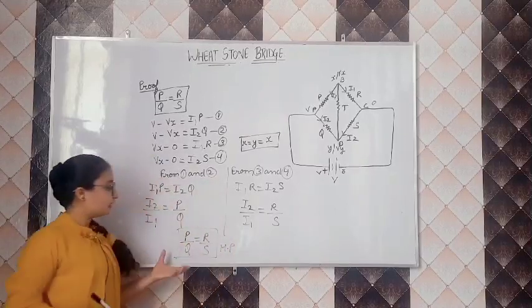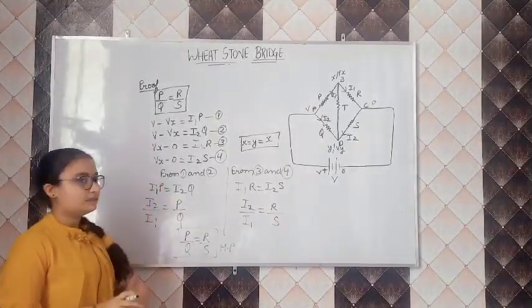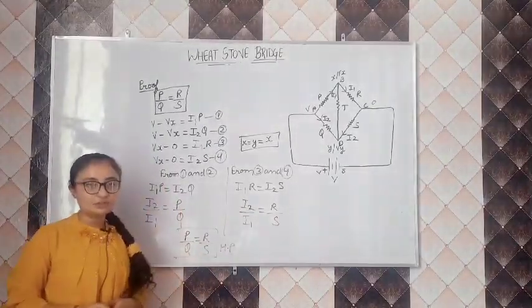We only had to prove that P upon Q is equal to R upon S, and we have proved it. So this is all about Wheatstone Bridge.